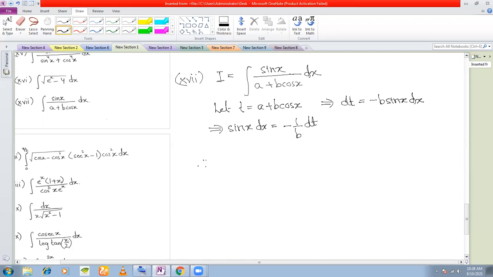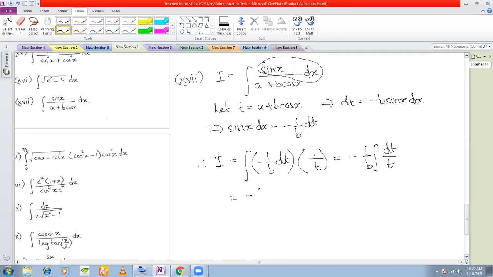You put it in the integral. Therefore, I, this sin x dx becomes minus 1 by b dt, and 1 by a plus b cos x is 1 by t, which is equal to minus 1 by b integral dt by t.